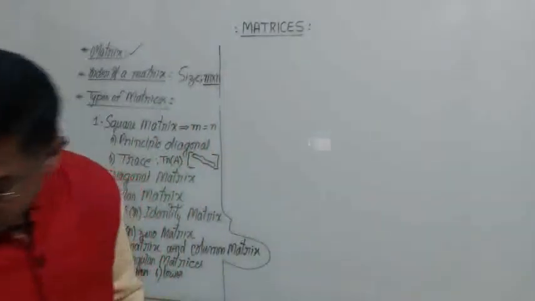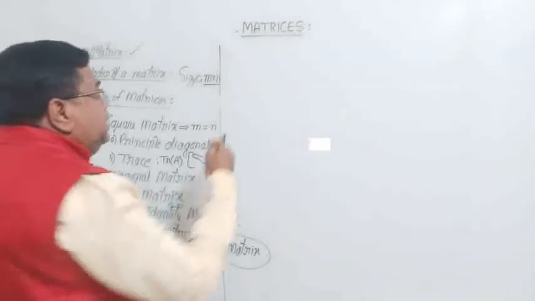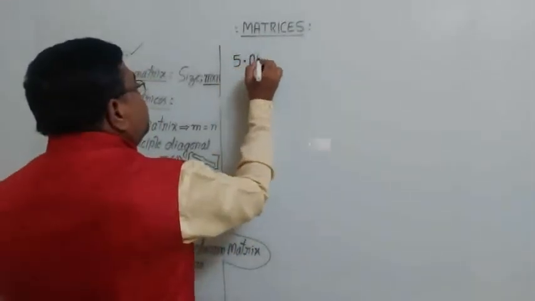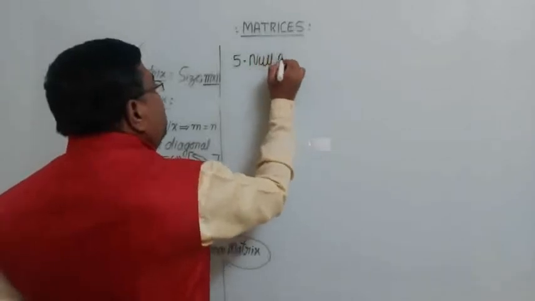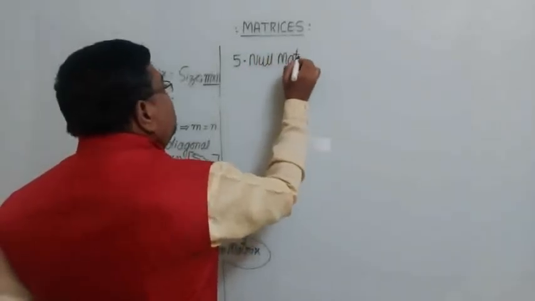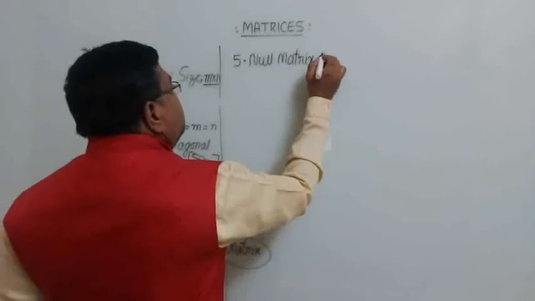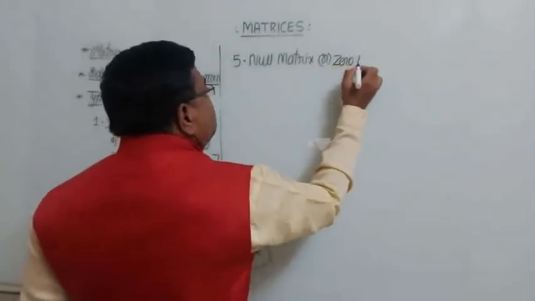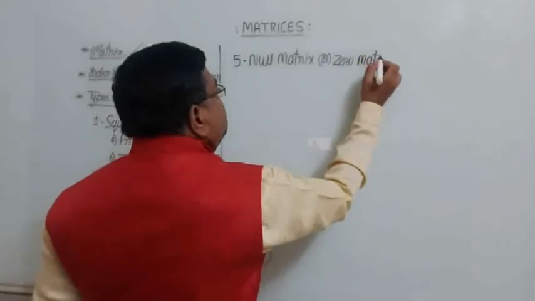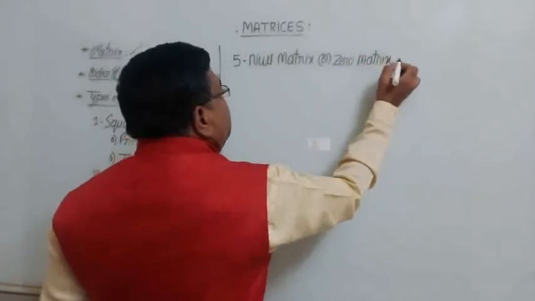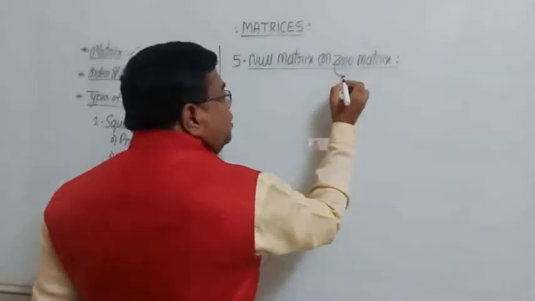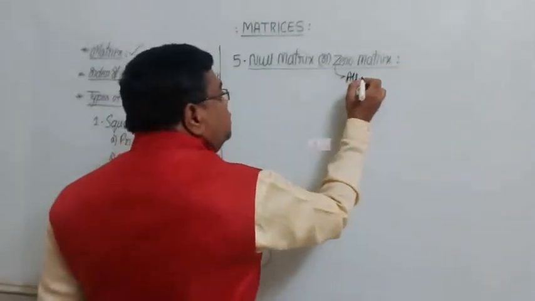The fifth one is the null matrix, also called the zero matrix. The name itself says zero matrix, so all elements are zeros.